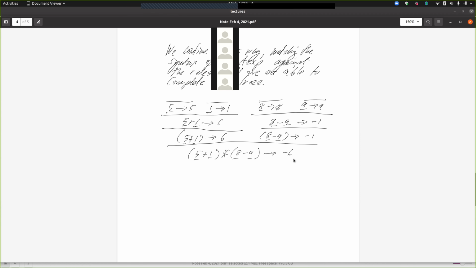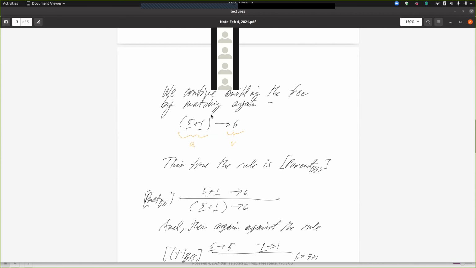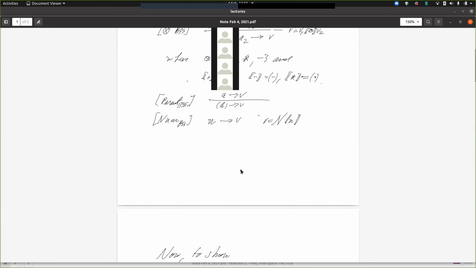It's almost a more natural representation of what a tree looks like. But if you look at the leaves of this tree, they are all instances of this num rule, which is an axiom. The num rule has no premises. You don't have to show anything in addition.